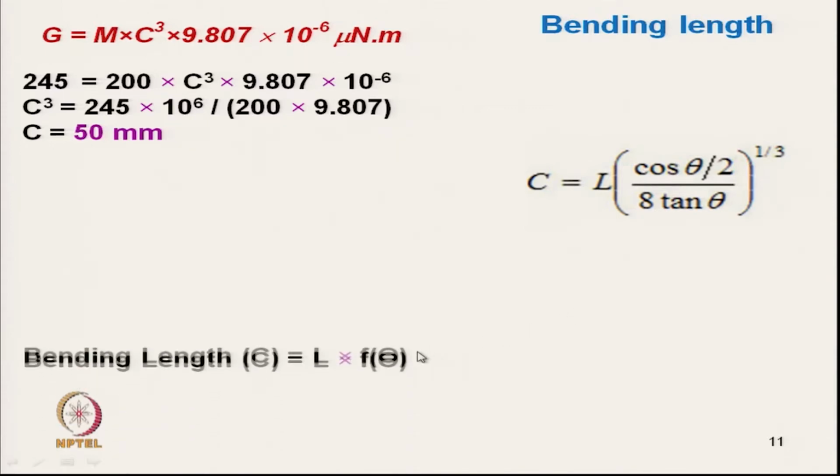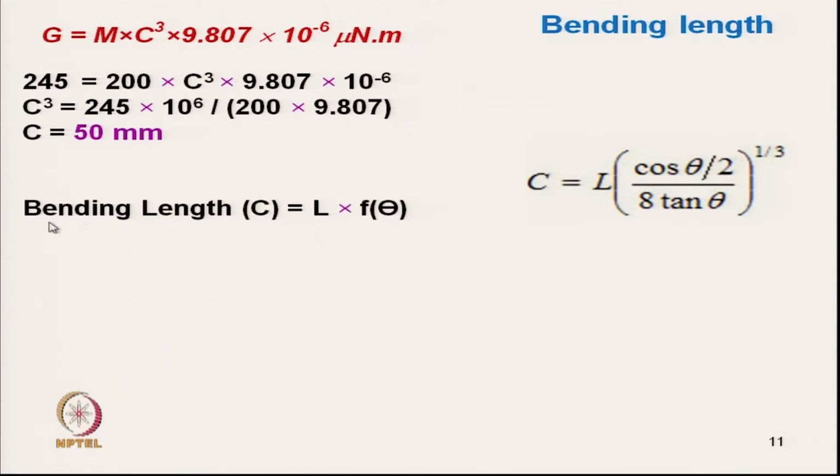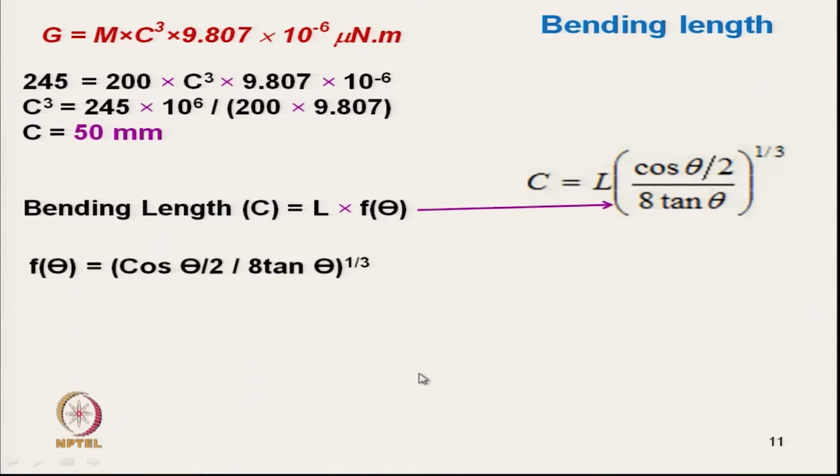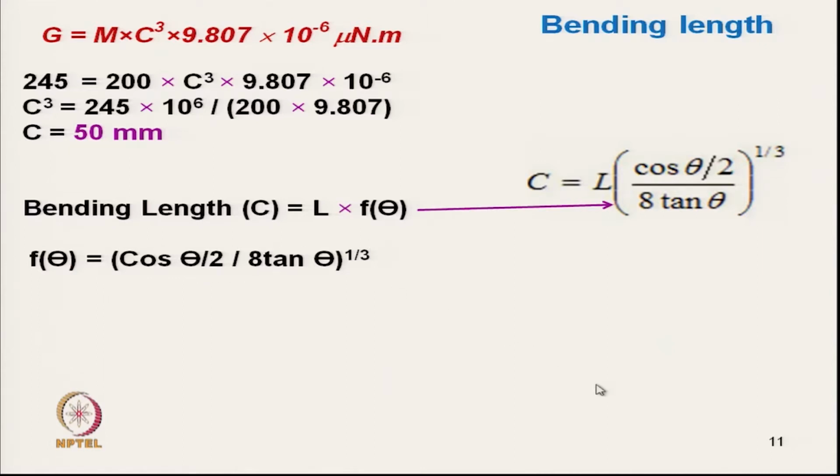So, bending length C equals L times a function of theta, and the function of theta is (cos(theta/2) / (8 tan theta)) to the power 1/3.